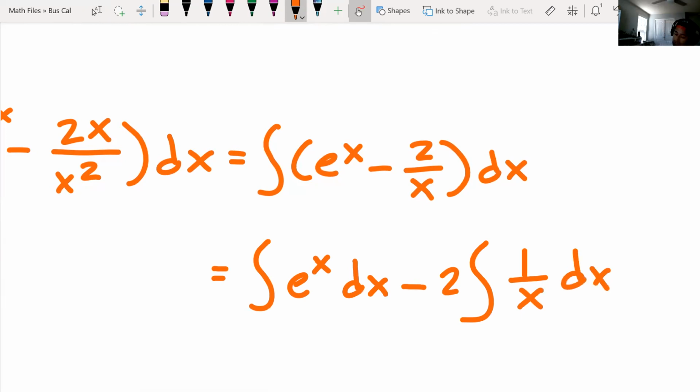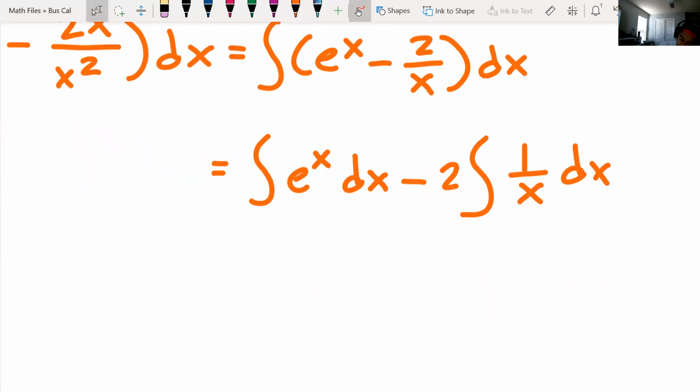You notice how we never ever flip an x by itself. If it's x squared or x cubed or x to any other power, you will always flip it, but never ever flip 1 over x. I'll show you why in a second.